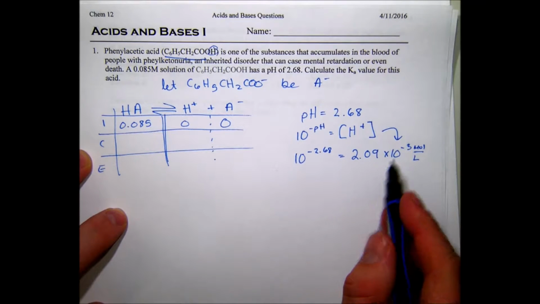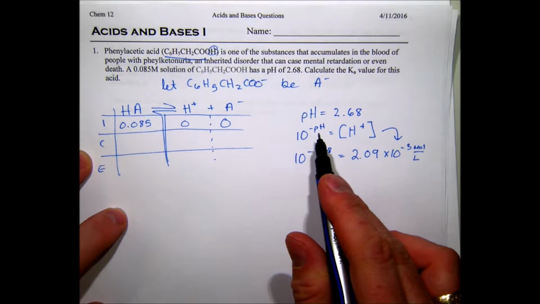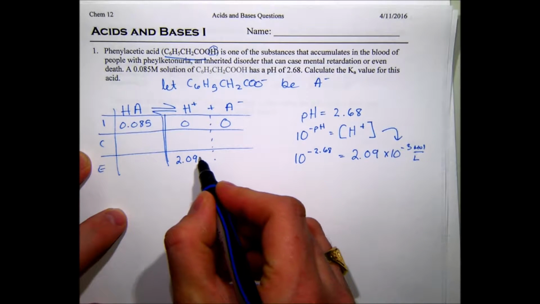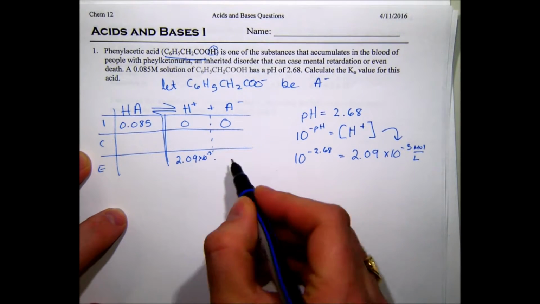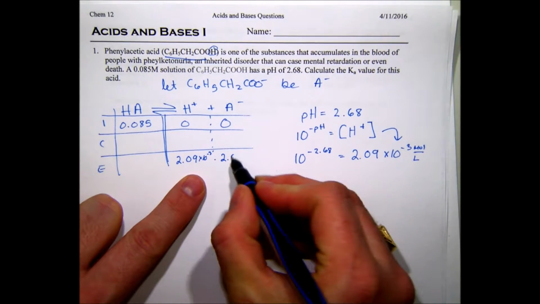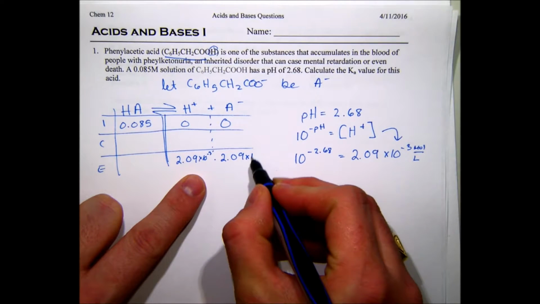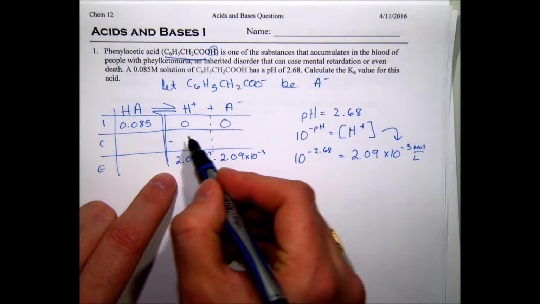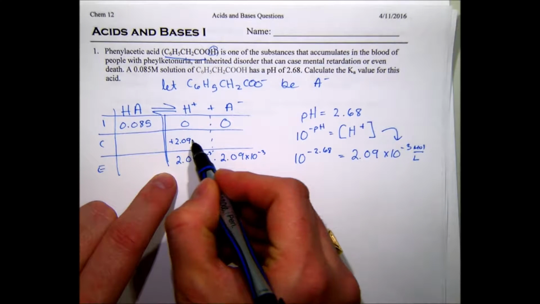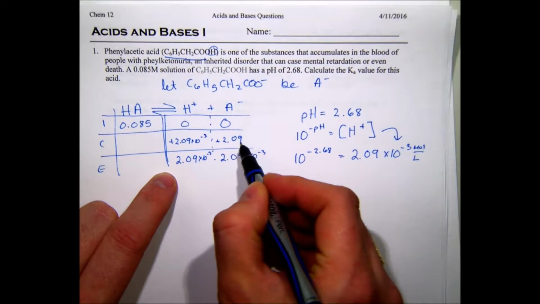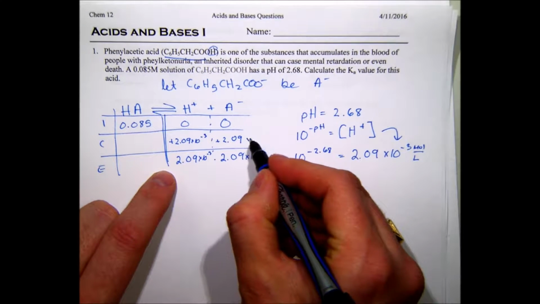So when you have a pH, it is telling you the equilibrium value. So that's the equilibrium value of this. But because this is 1 to 1, that is also the value of this. So that means that I must have gained that amount for both the hydrogen ion and the anion.